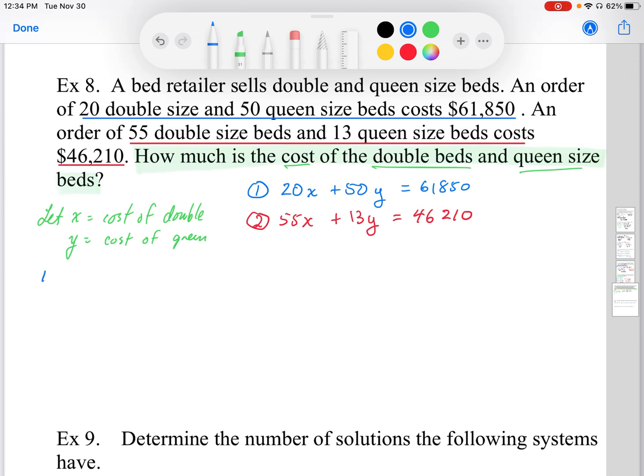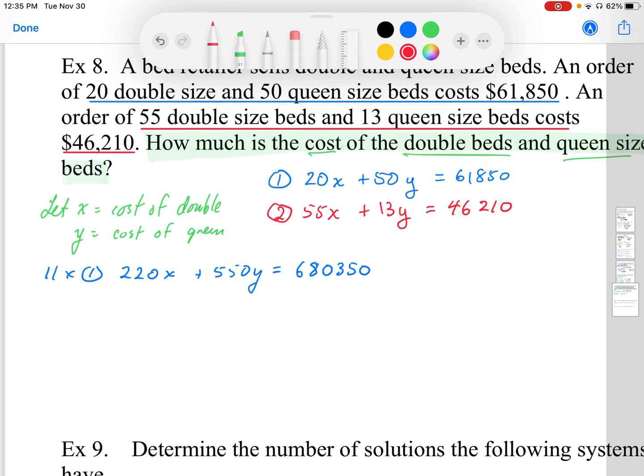So it's going to be 11 times equation 1, which gives me 220x plus 550y is equal to, when I multiply that by 11, I get 680,350. Okay.